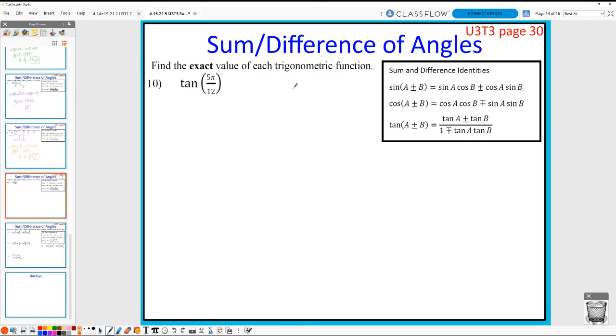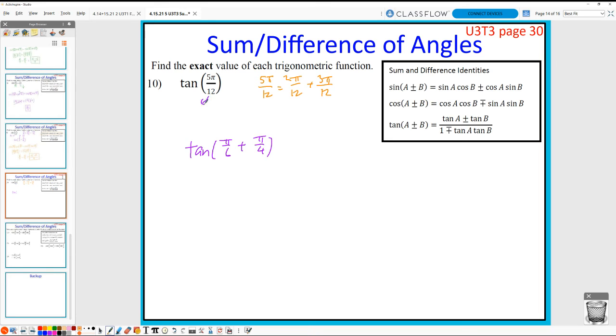Lastly, tangent of 5 pi over 12. We did do this earlier. This is 2 pi over 12 plus 3 pi over, I don't know what I was saying. 2 pi over 12 plus 3 pi over 12, sorry. So then I can rewrite this as tan of pi over 6 plus pi over 4.